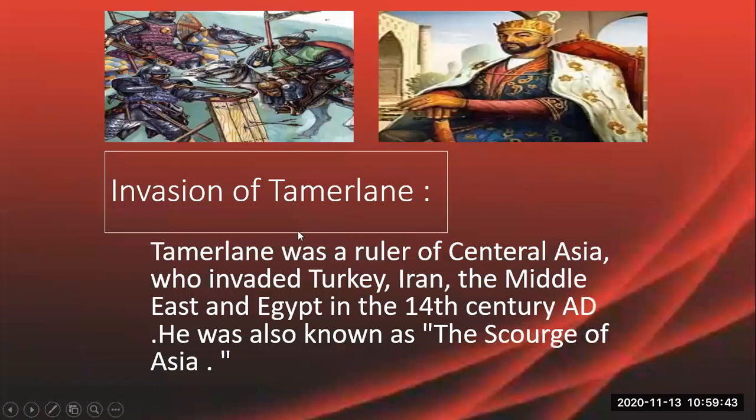Invasion of Tamerlane. Tamerlane is a word we use for a person whose name is normally known as Amir Temur. If you Google the history and write Amir Temur, you will come to know that he was known as Tamerlane. Tamerlane was a ruler of Central Asia who invaded Turkey, Iran, the Middle East, and Egypt in the 17th century AD.